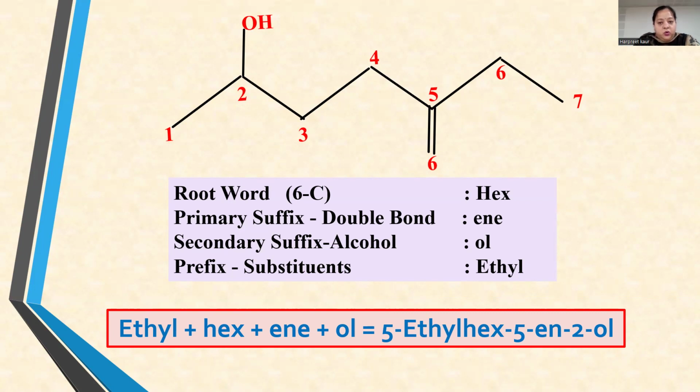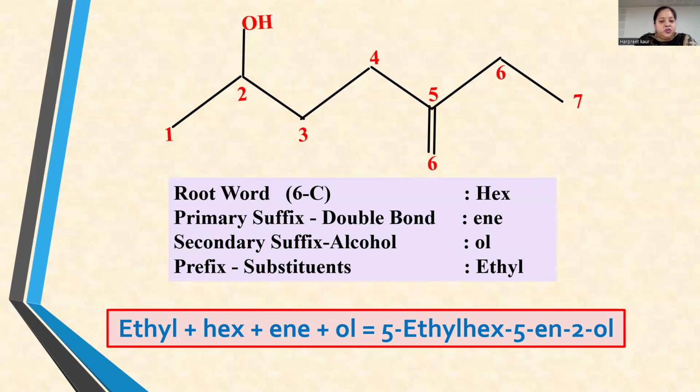There are 2 routes. And out of these 2 routes, which is to be followed, again, it is on the preference order. In the first route, that is 6 and 7, we get the longer chain of 7 carbon atoms. But if we go downward towards 6, then we get the double bond. So double bond must be part of the parent chain as far as possible.